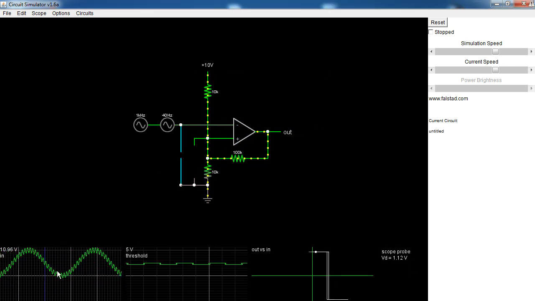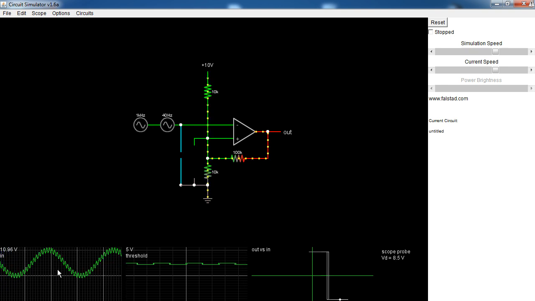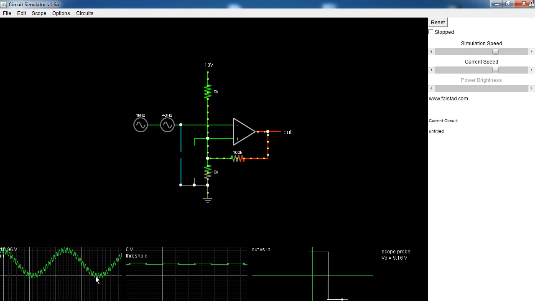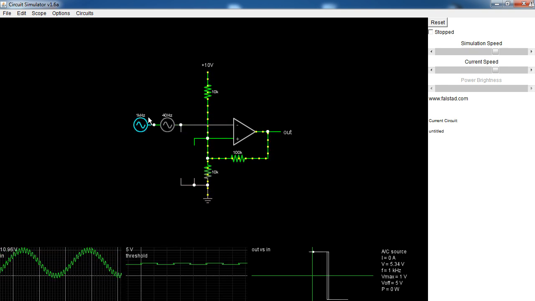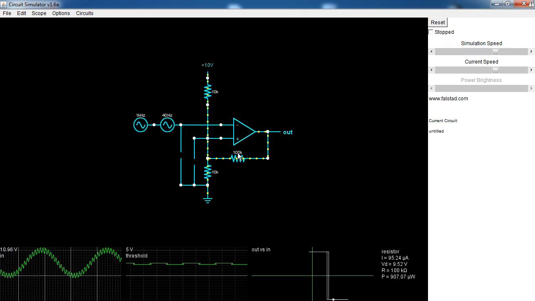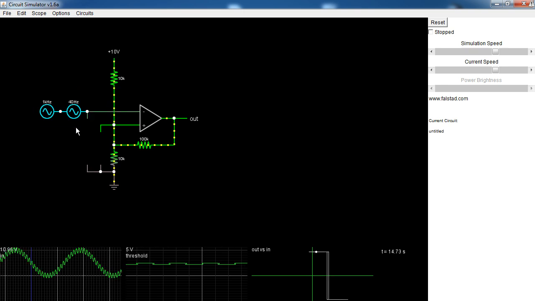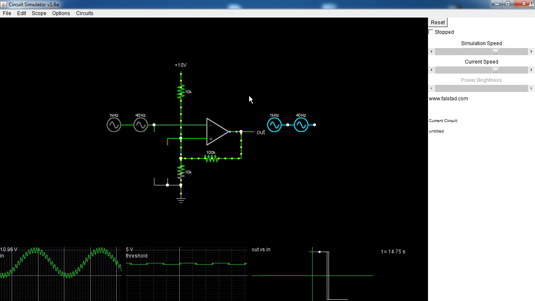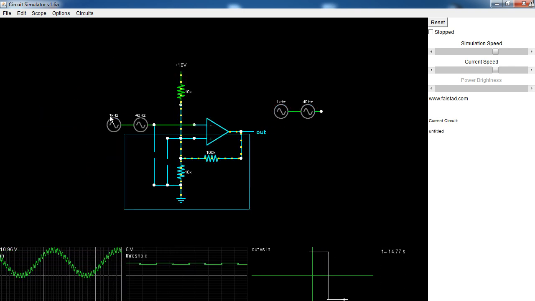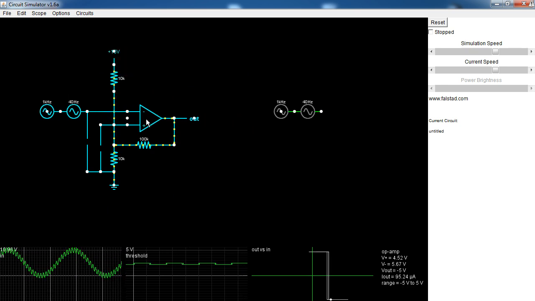So here we can see the input voltage. As you can see, it's a really crazy waveform. And what I'm actually going to do is copy this, or actually I'm not going to copy the whole thing, I'm just going to copy this bit. There we go. So now I've got that over there.